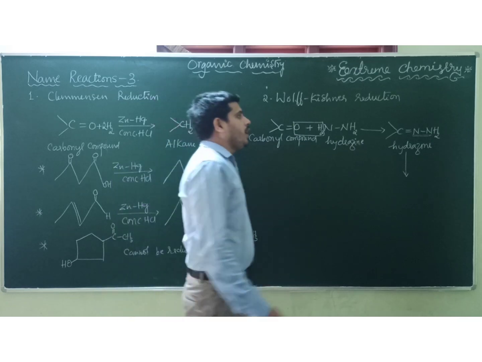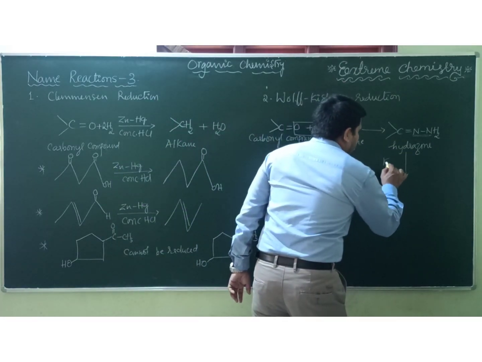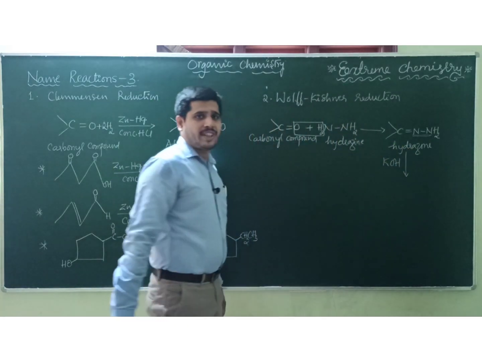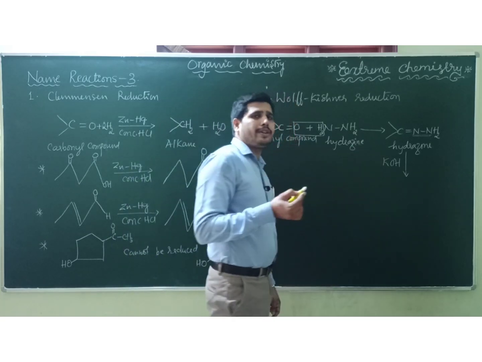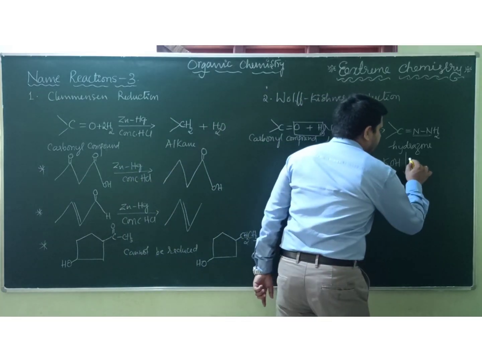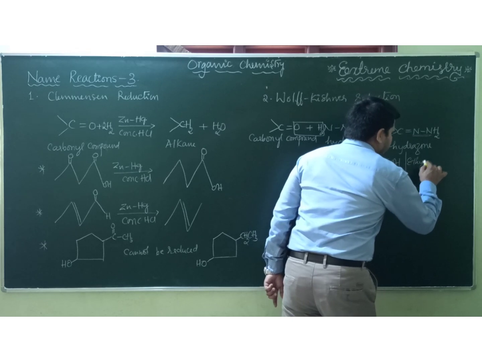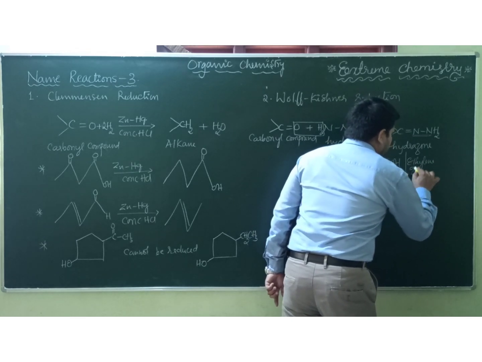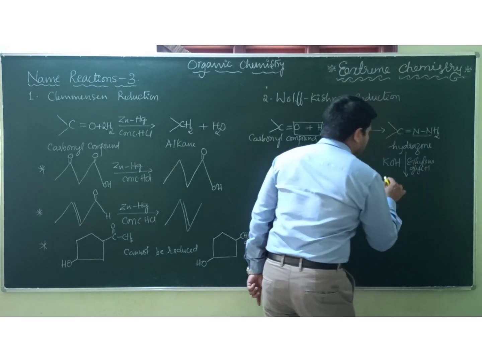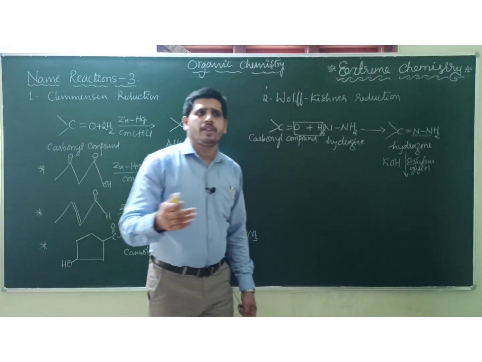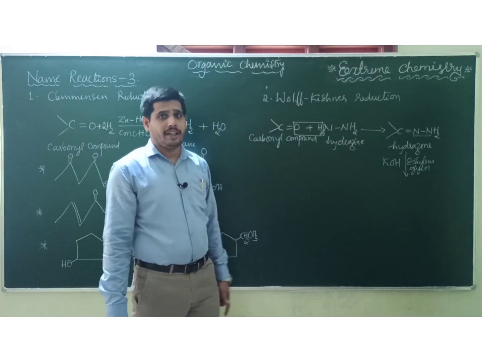Okay, fine. So what I do is I treat this with KOH, potassium hydroxide, in the presence of a high boiling point liquid called glycol. So ethylene glycol is to be selected, or any glycol. I'll take ethylene glycol here, and let me heat around the temperature range of 150 to 200 degrees Celsius.